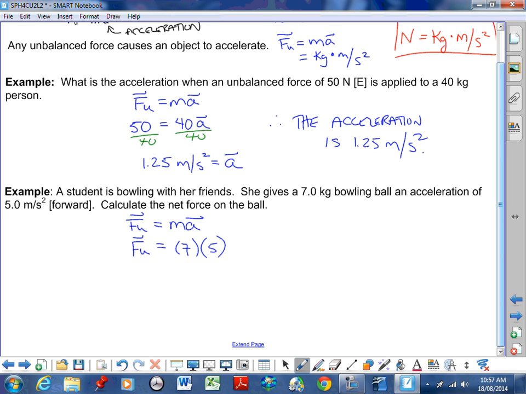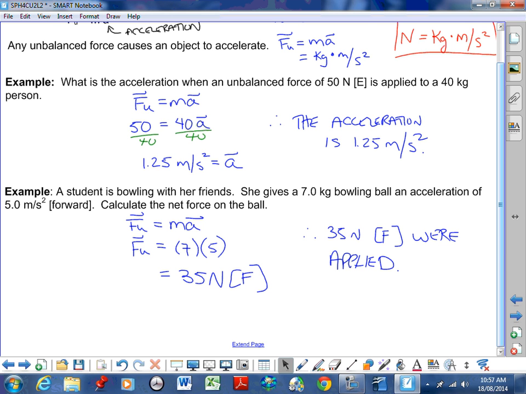We know the acceleration was 5. So she applied 35 newtons of force forward when she threw that ball. So therefore, 35 newtons forward were applied. All right, so that's how much force she gave the bowling ball.